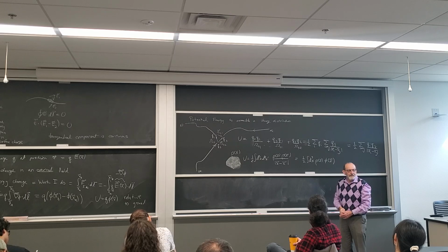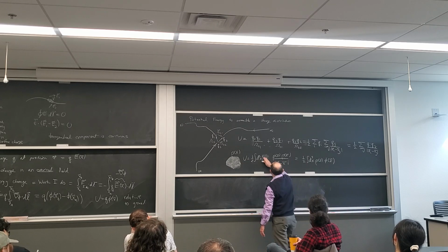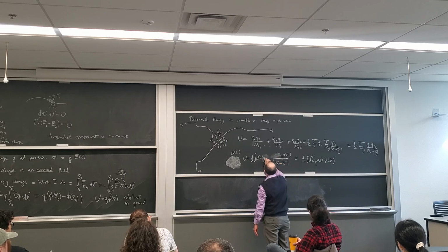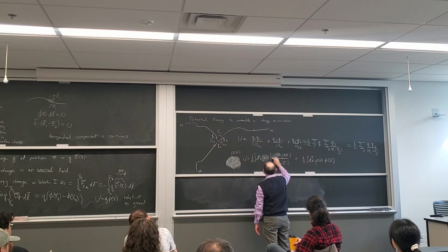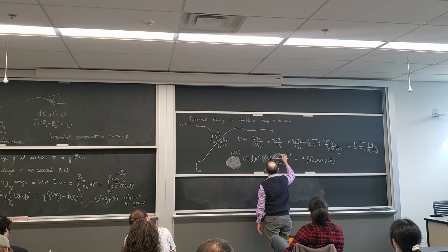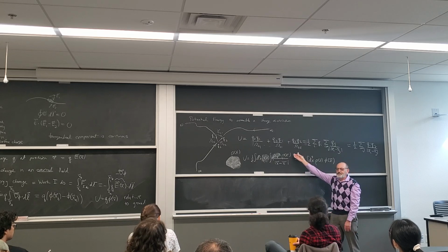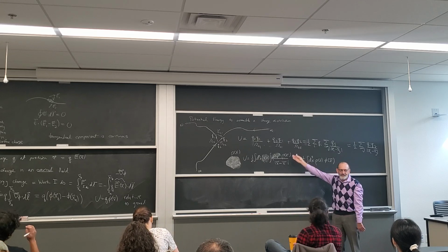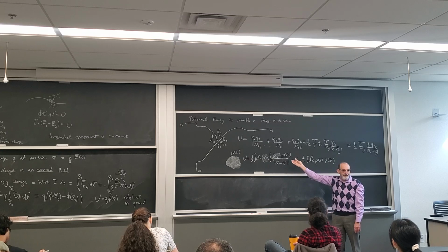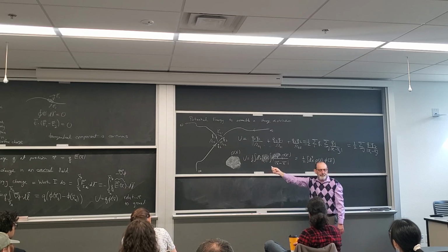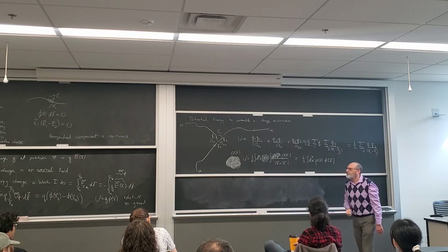Everyone see that? Because let me write it in a slightly different way. Everyone recognize this as the potential associated with that charge distribution at the point of observation, okay?